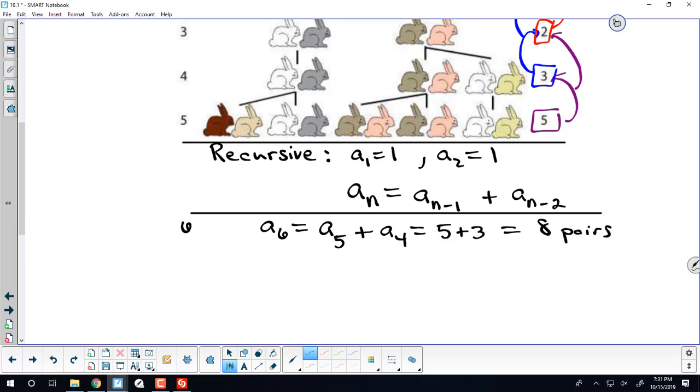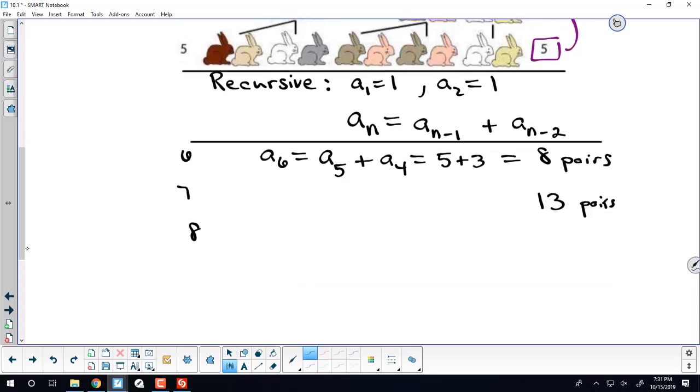At the end of the 7th month, how many pairs do we have? 13. 8 plus 5. 8th month.